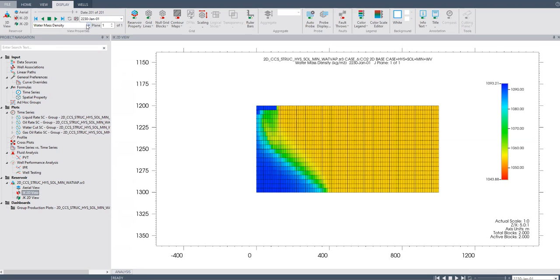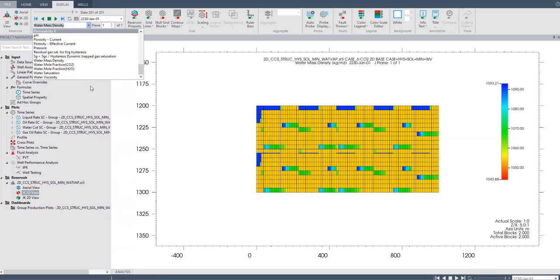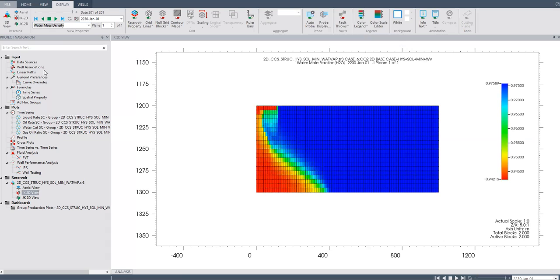So that's why we can see the accumulation at the bottom of the reservoir. Then, of course, the main thing in our video here is that due to water vaporization, we will have gas mole fraction of CO2. First, we have water mole fraction of H2O. Initially it is fully water, and then you inject gas, so of course the water mole fraction will change.